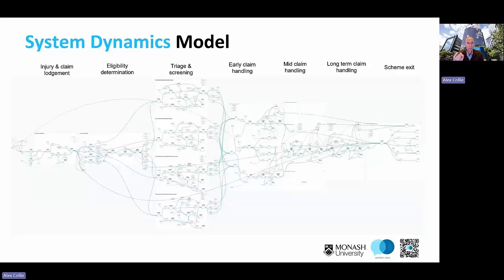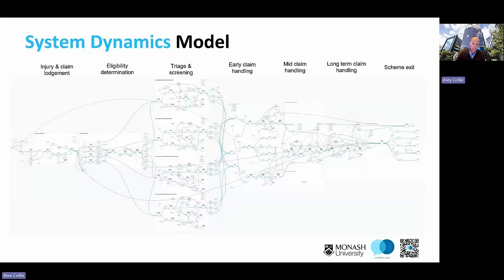And we go through some of the main steps or processes that we see in a workers' compensation claim. So eligibility determination, triage and screening, the early claims handling process, and then in some cases where claims proceed to longer term, we have a mid and longer term claims handling process, and eventually everyone in one way or another exits the scheme.